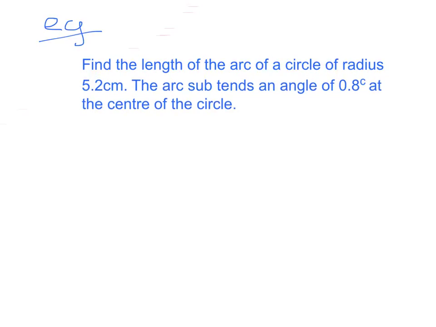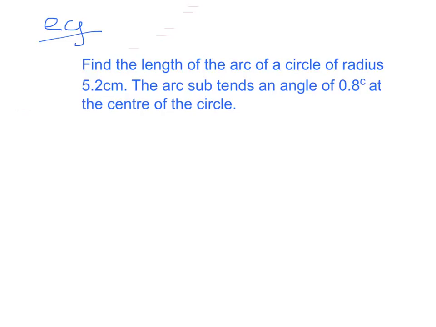I do want to write in a different colour. Okay, this 0.8 radians. Just have a little think to yourself how large that is. Well, we said by definition that 2 pi is 360 degrees.